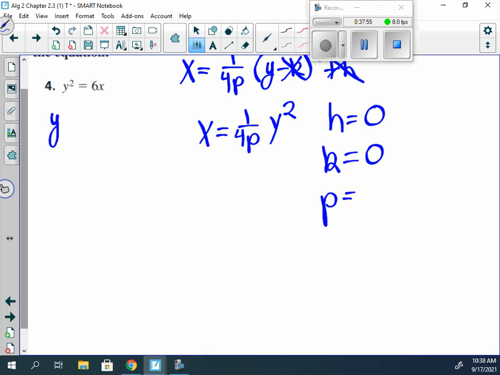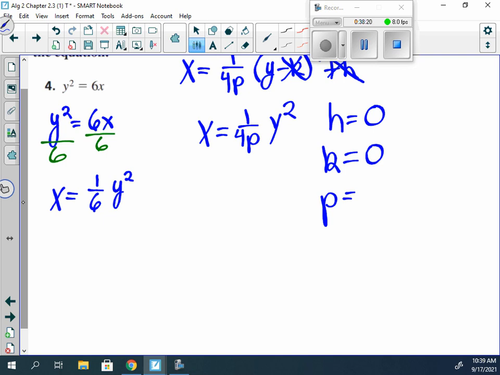So do I need to manipulate this equation at all? We need the x by itself, yes? So the first thing we can do is divide both sides by 6. Because 6x divided by 6 would give us just x. It is equal to, we can call this 1/6 y squared.